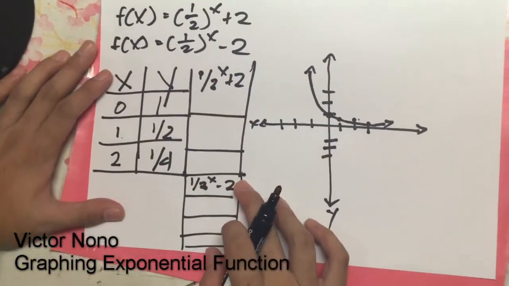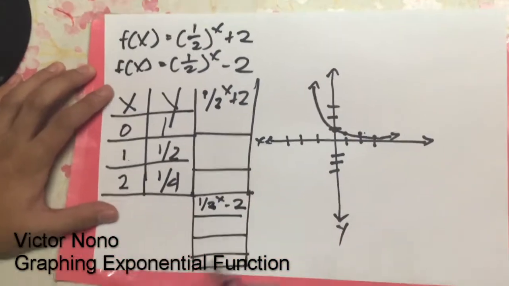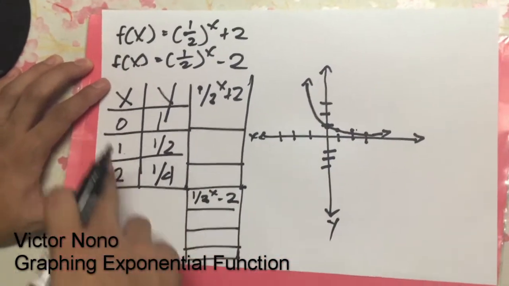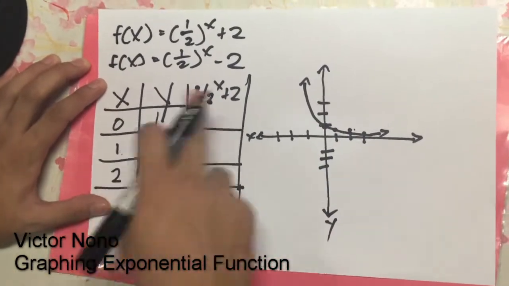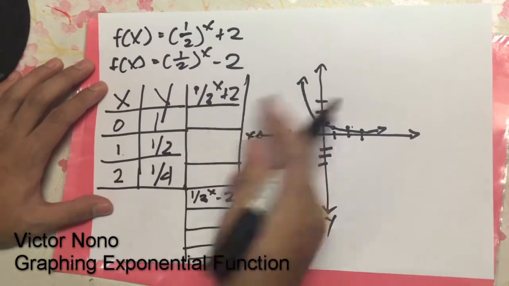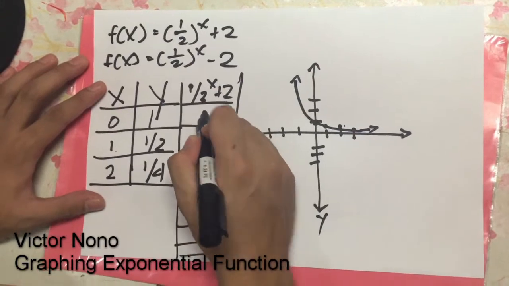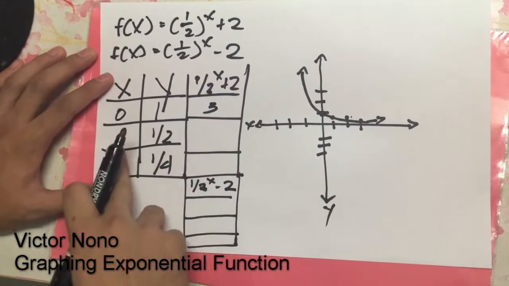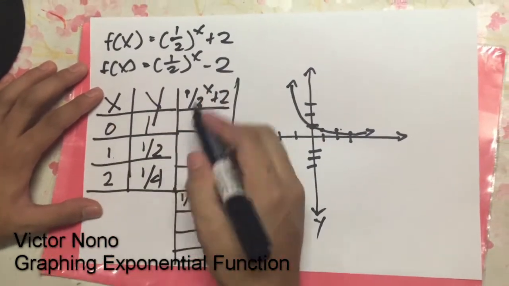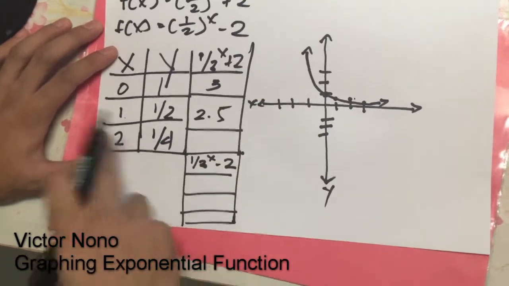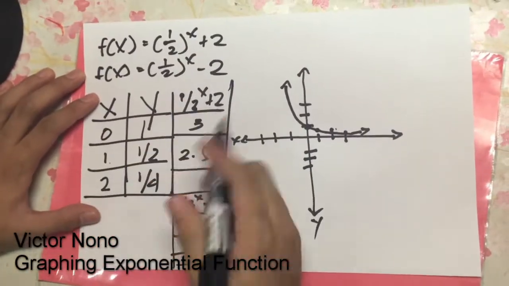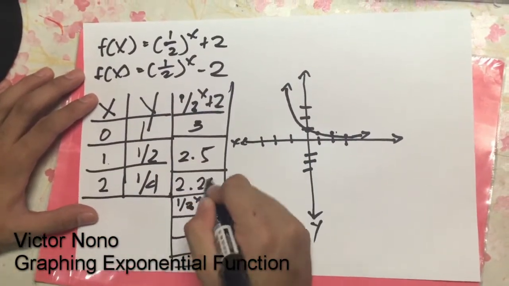So, as we did a while ago, we will just substitute the value of x into our function. If you substitute 0 into this function, we will get 3. If you substitute 1, you will get 2.5. If you substitute 2, you will get 2.25.